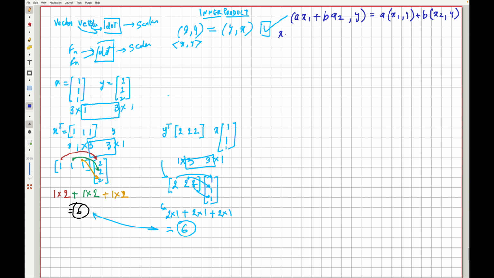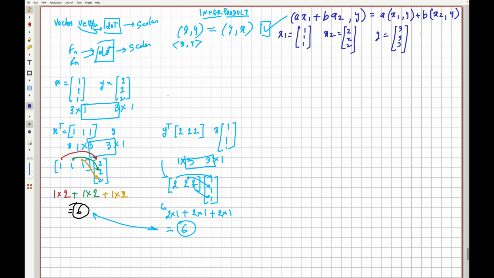So let's for instance say that our x1 is simply 1 1 1, our x2 is simply 2 2 2, and our y, let's say that is just 3 3 3.